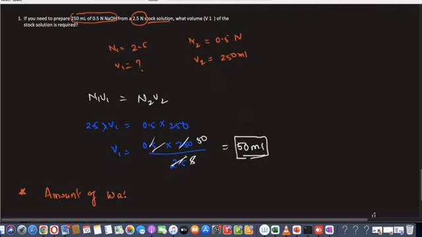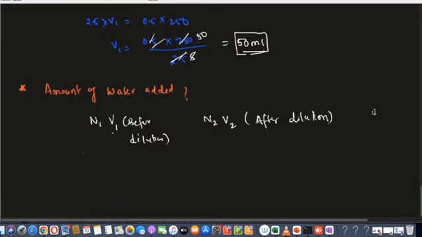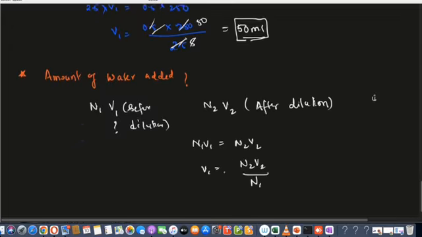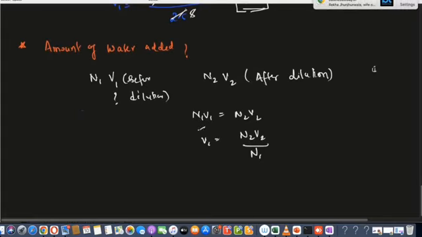So how do you find out the amount of water added for dilution? Let's suppose V1 is not given to you. Using N1V1 equals N2V2, you can easily find out V1, right? Once you find V1, you have the volume of the stock solution. Now suppose V2 is known to you, and you have found V1. What is the volume of water added?